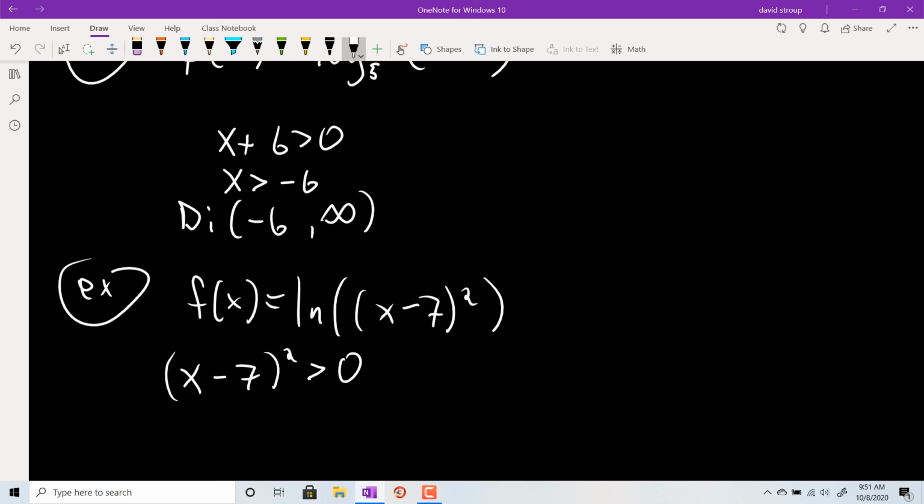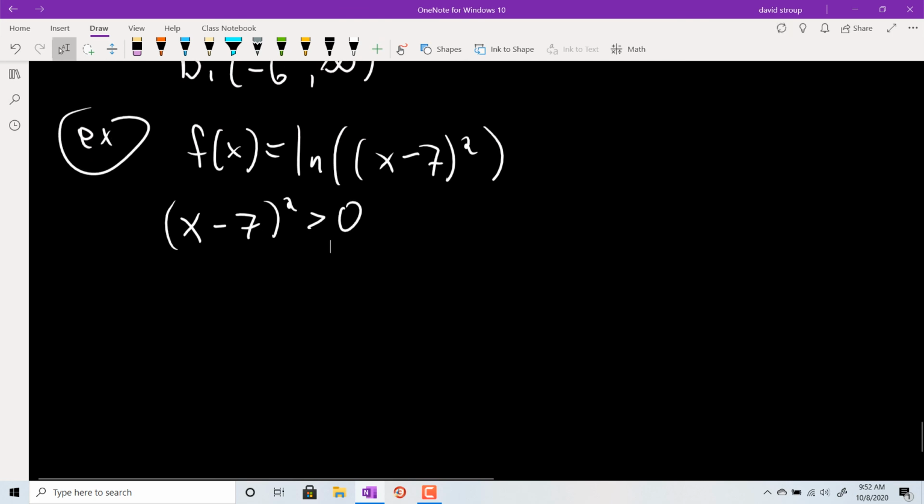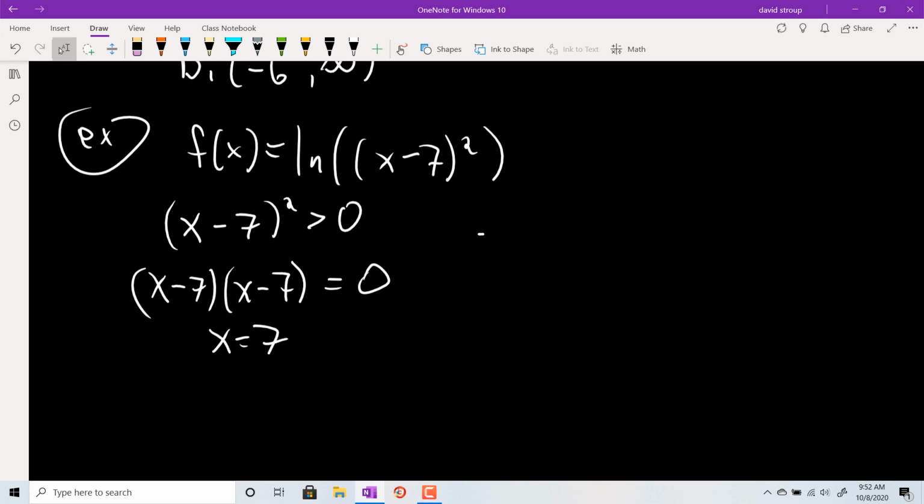This is a polynomial inequality, and we've learned how to solve these. You factor it: (x minus 7) squared is the same as x minus 7 times x minus 7. Set it equal to 0, get your boundary point, and then do your number line with your test values, your signs, and your conclusions.